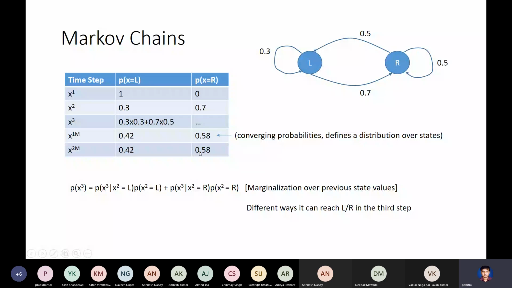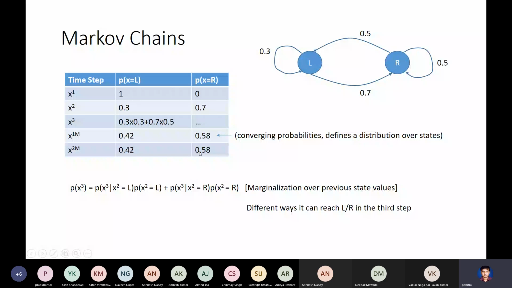What can be observed is that after a large number of steps, these probabilities wouldn't change. For example, in this particular two-state Markov chain, these probabilities would be 0.42 for state L and 0.58 for state R. It's very easy to check.